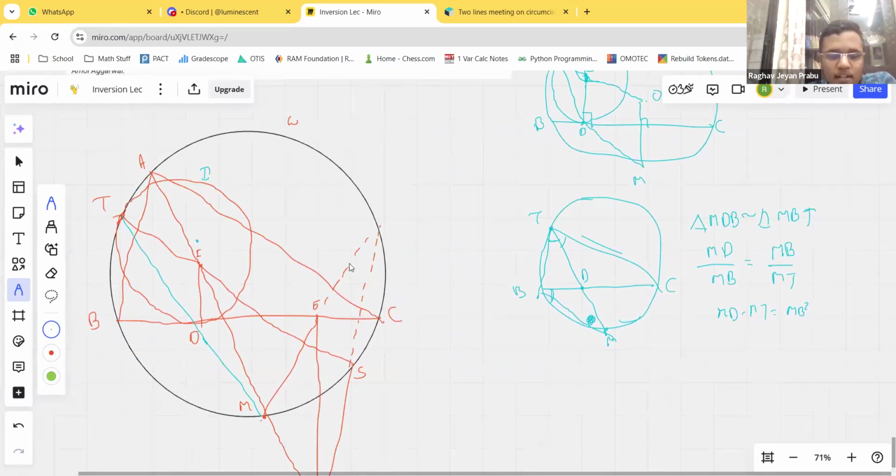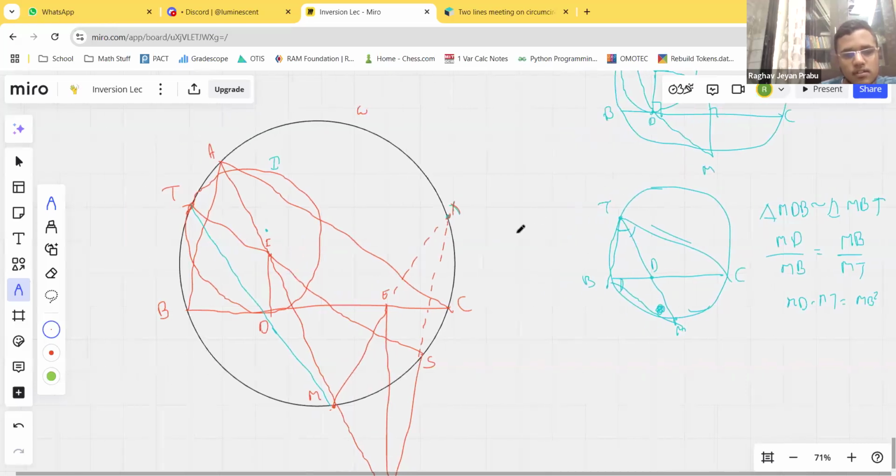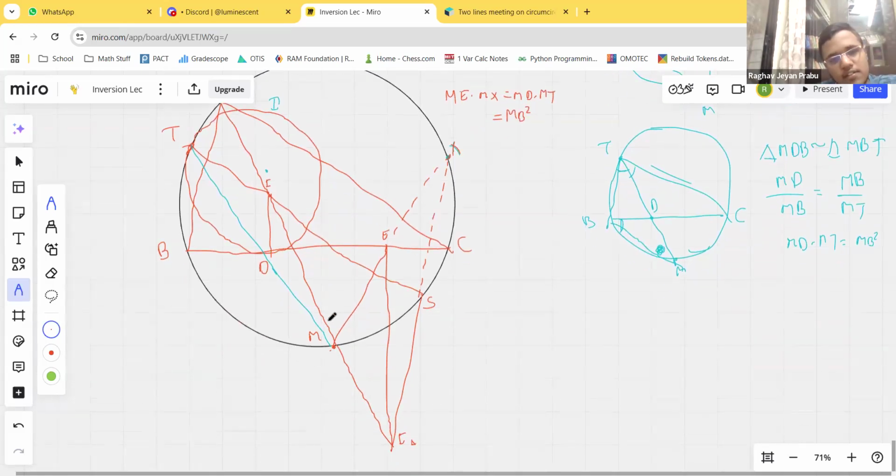So if you look at ME, let it intersect this point at X. Then you also have that ME times MX equals MD times MT, which is equal to MB square. And it is well known that M is the center of the circle BICIA, right?